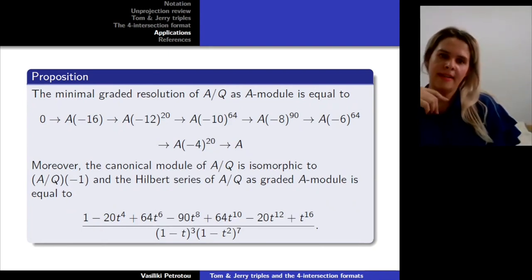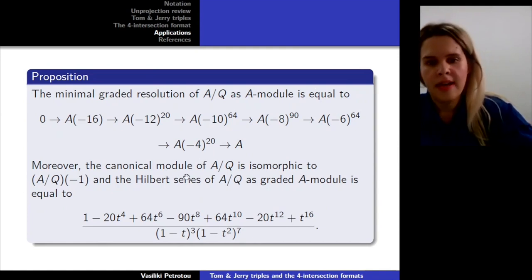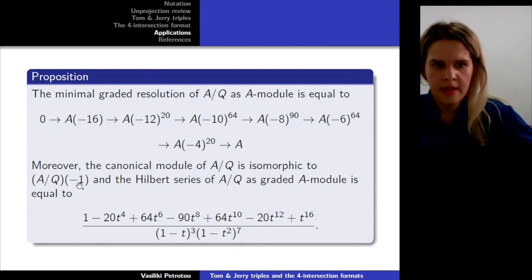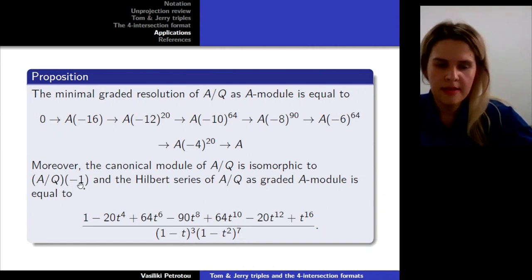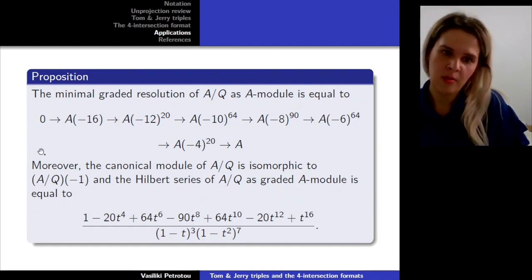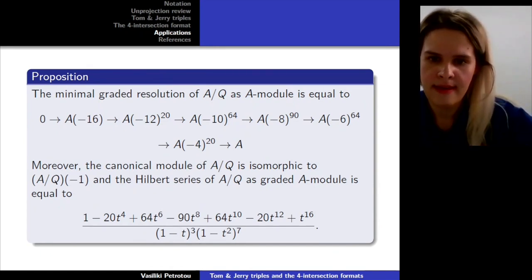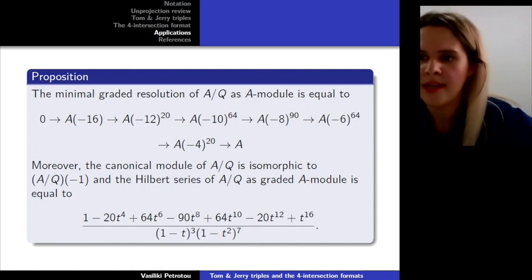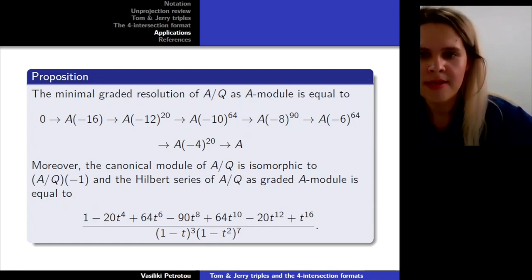Moreover, we computed the graded resolution, and we saw that it's equal to this, and the canonical module, which is isomorphic to this. So the negative number here says that it's a Fano. About the Hilbert series being equal to this quotient, it's easy to compute because we can compute the Hilbert series of the initial codimension 3 object, and we know how Hilbert series change during the projection.